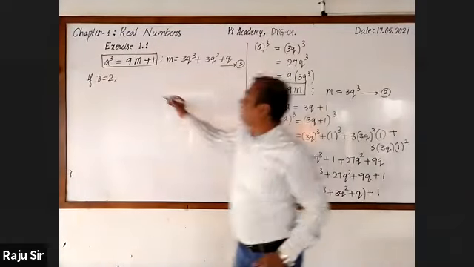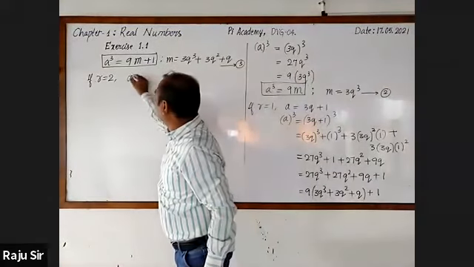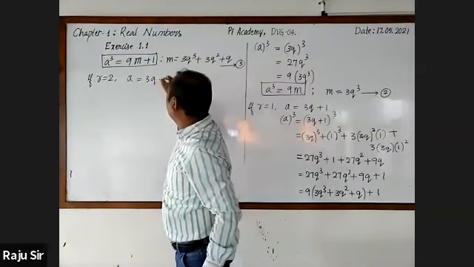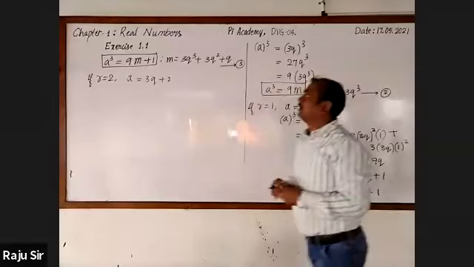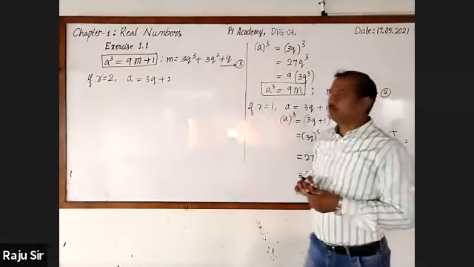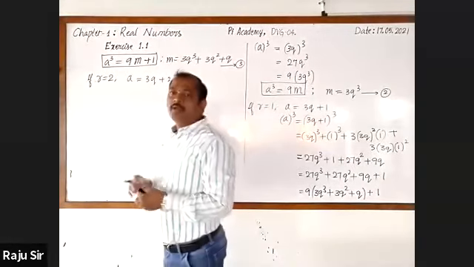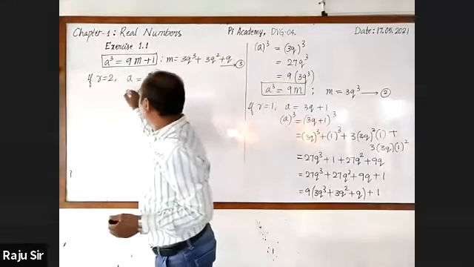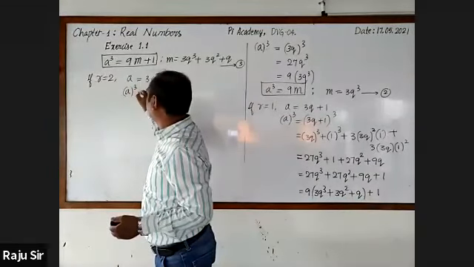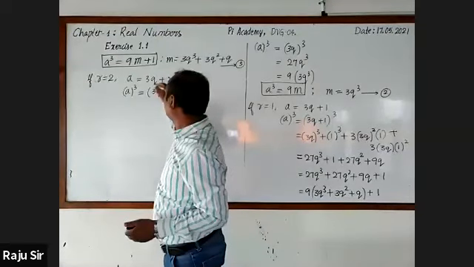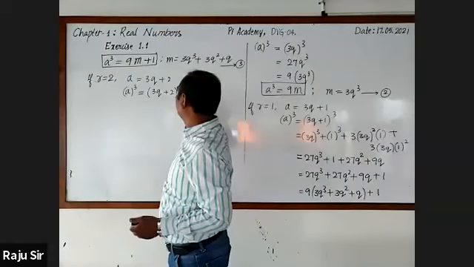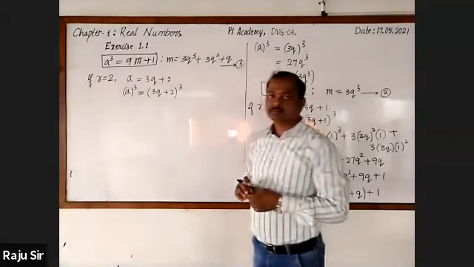A is equal to 3q plus 2. In place of remainder, we have taken 2. Go for cubing on either side. A whole cube is equal to 3q plus 2 whole cube.